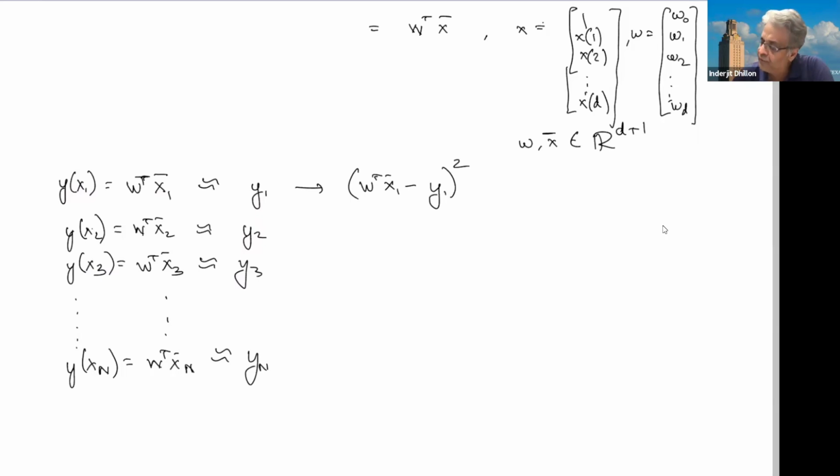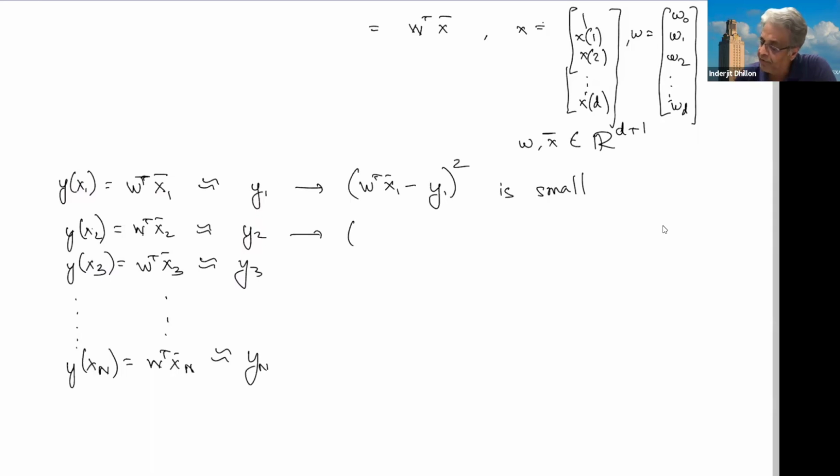So I want this to be small. W transpose x1 bar is the prediction. Y1 is the corresponding label. And I want the prediction to be close to Y1. I don't necessarily want it to be equal to Y1 for the various reasons I've mentioned before, but I want them to be close, okay?